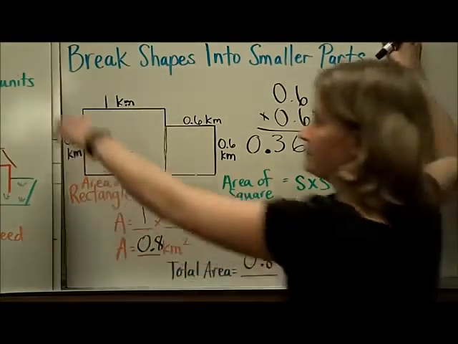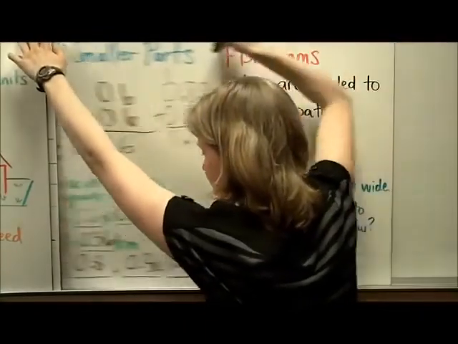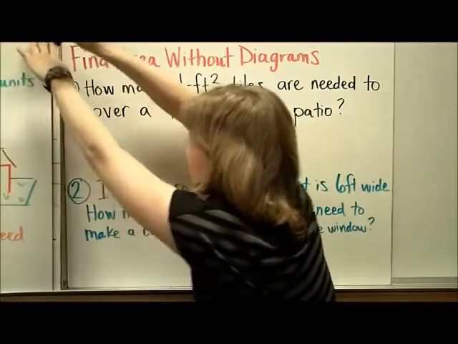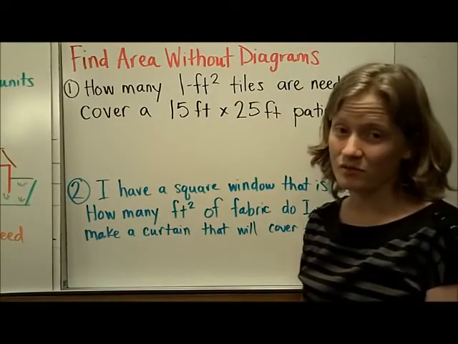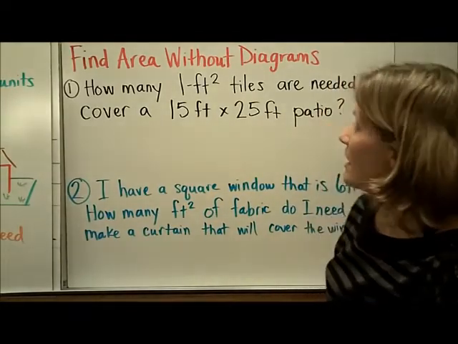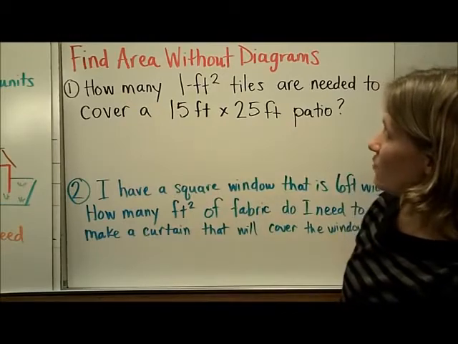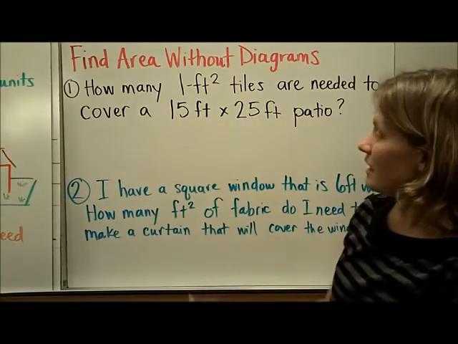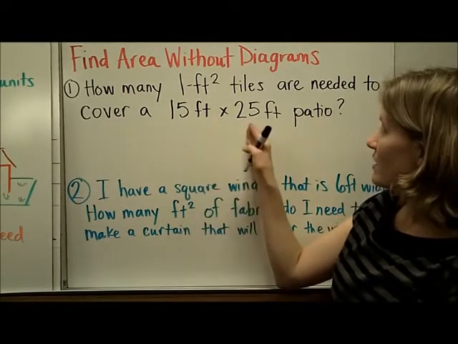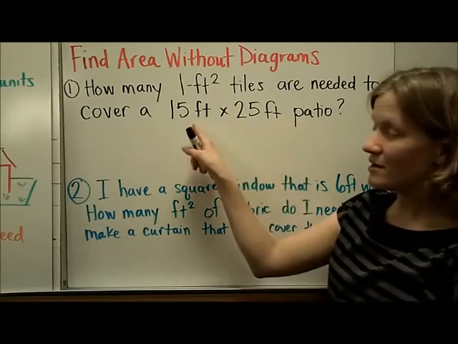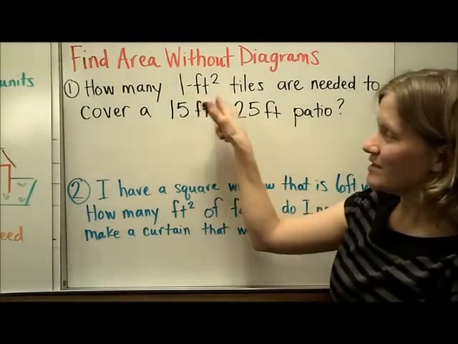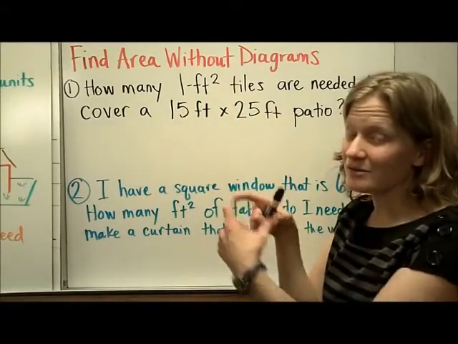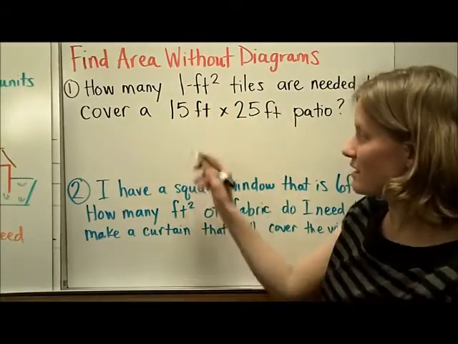kilometers squared. So let's do two problems where we're not given any models and we have to use what we know in order to find the area. First question says, how many 1-foot tiles are needed to cover a 15-foot by 25-foot patio? So here they're giving you the length and the width, and they're asking you to find the area by saying how many square tiles can you place in that space to cover it up.